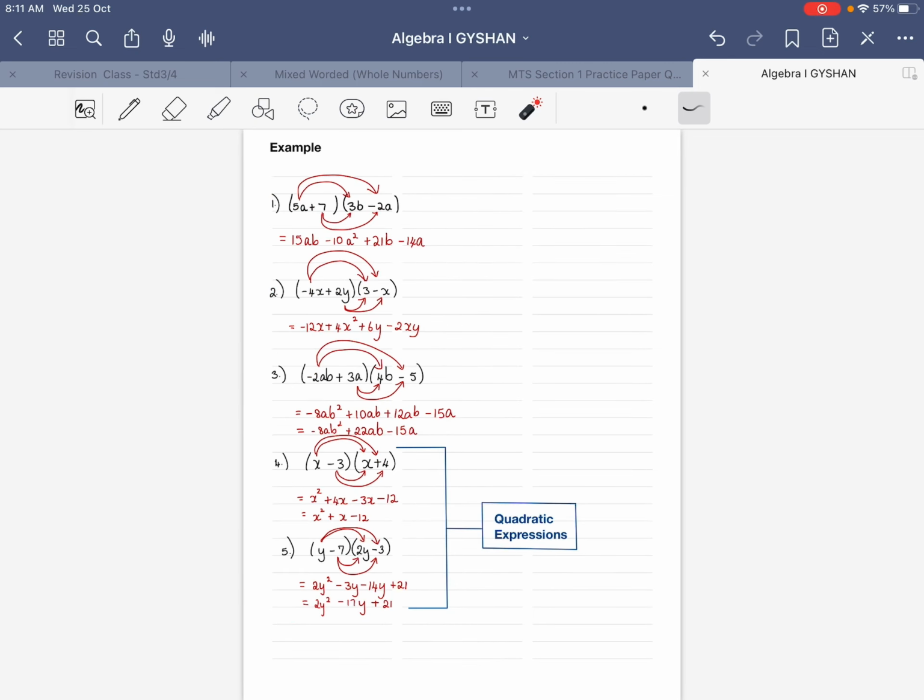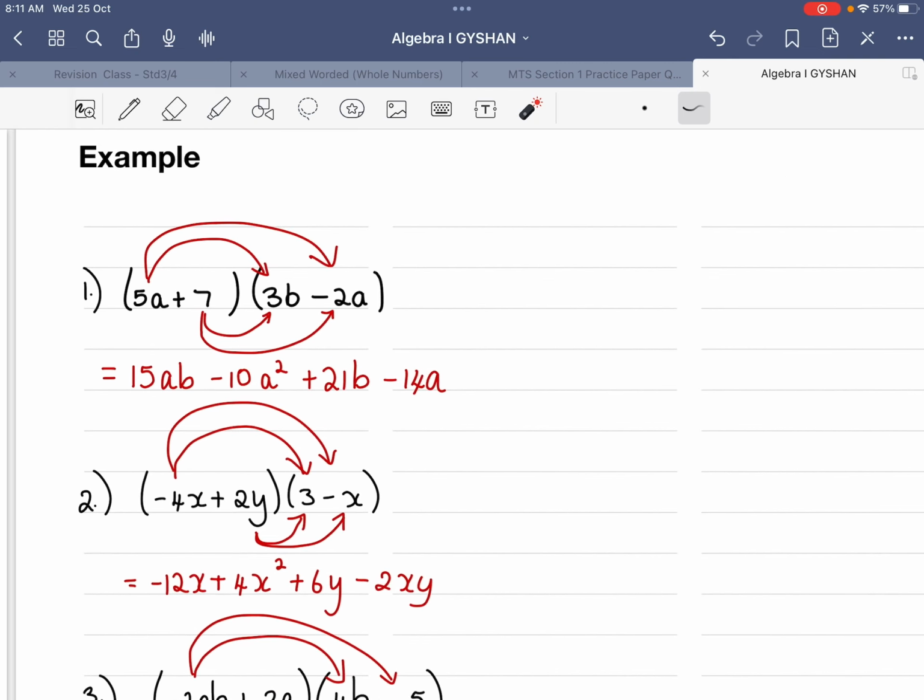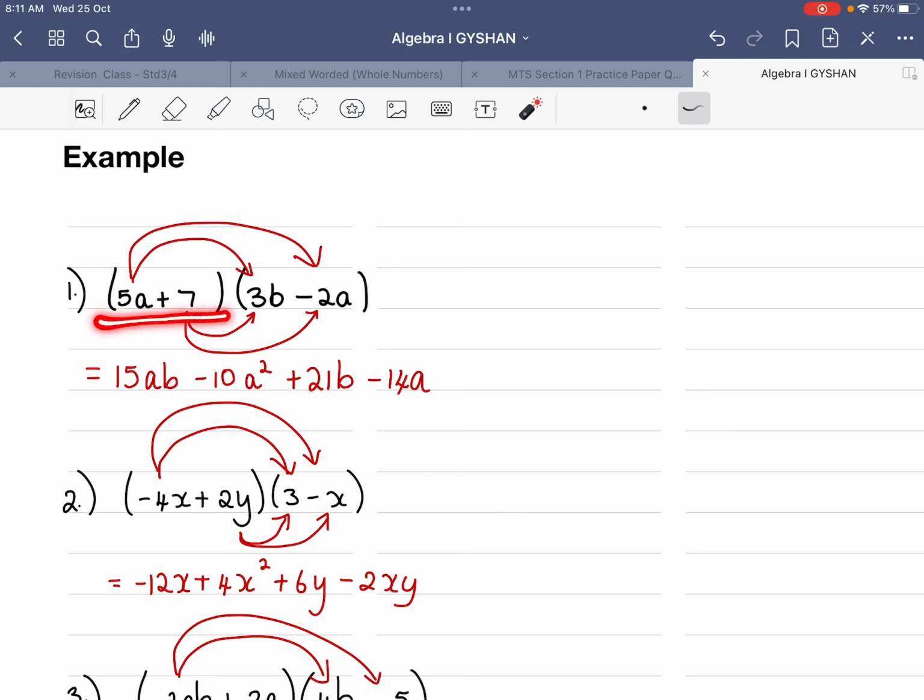So here we have expanding brackets where we are multiplying one bracket by another bracket, and each of the brackets have two terms in it. So let's do example 1, but I will elaborate on the working.